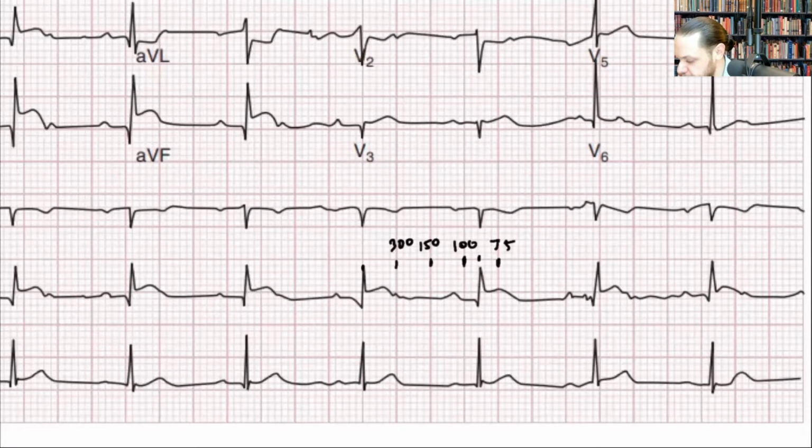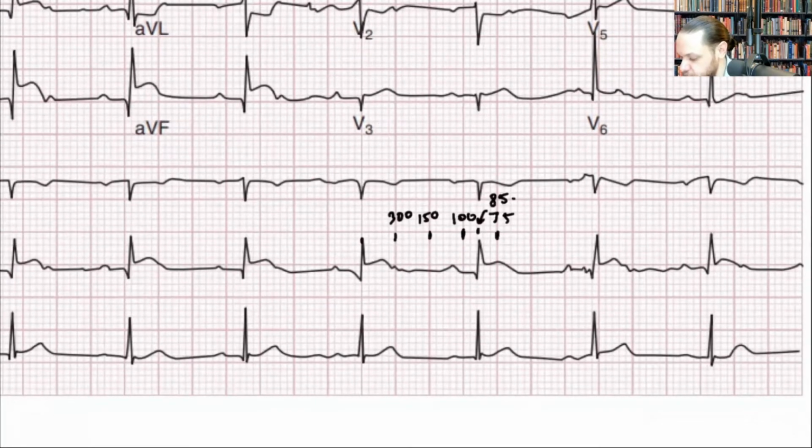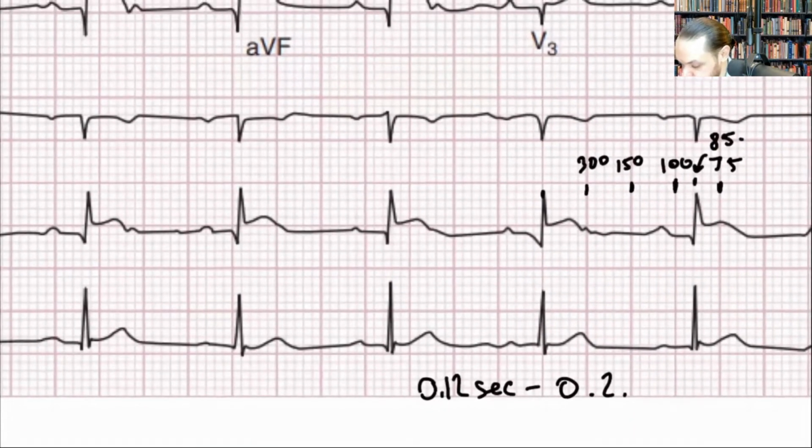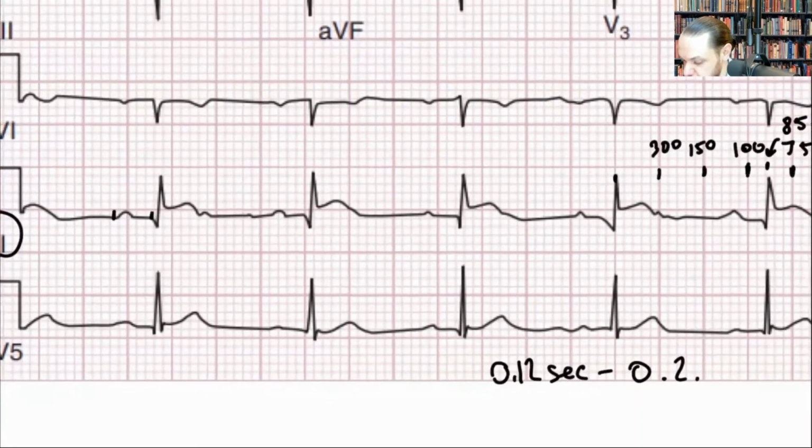Let's just say it's 85. And then what I'm also looking at is your PR interval. Your PR interval is 0.12 to 0.2 seconds. So this PR interval from here to here should be within one box.